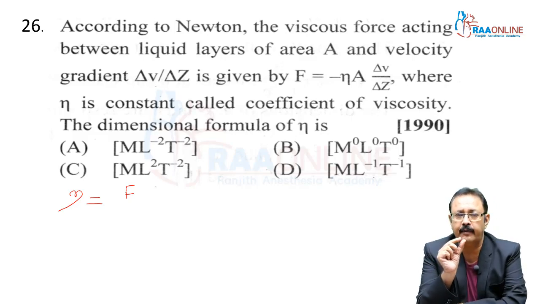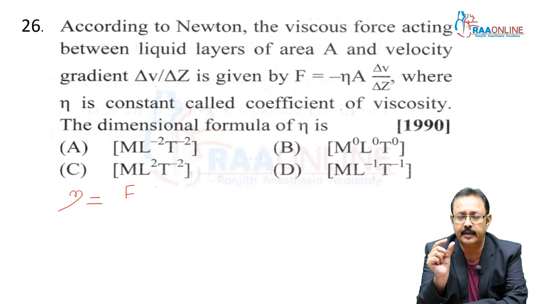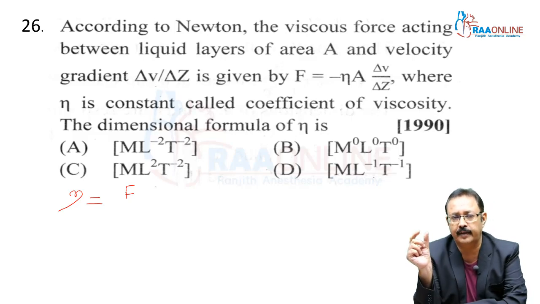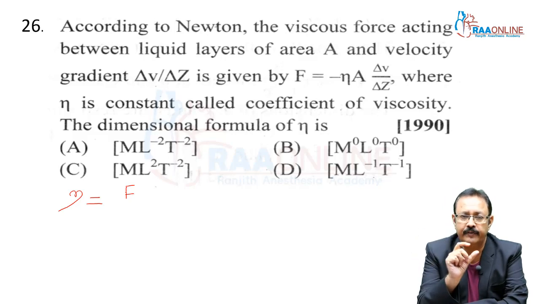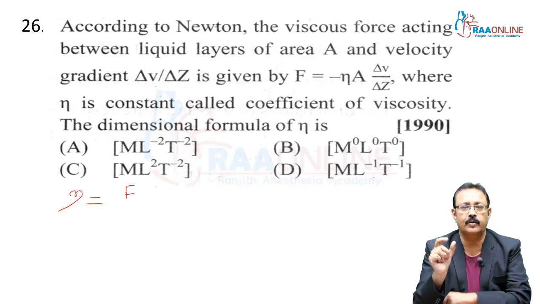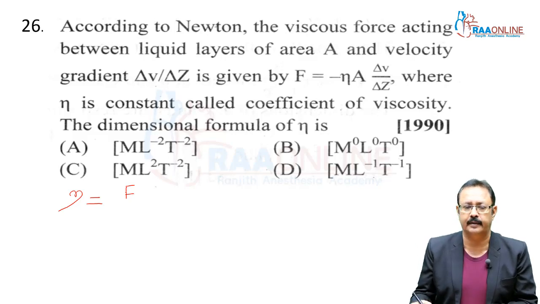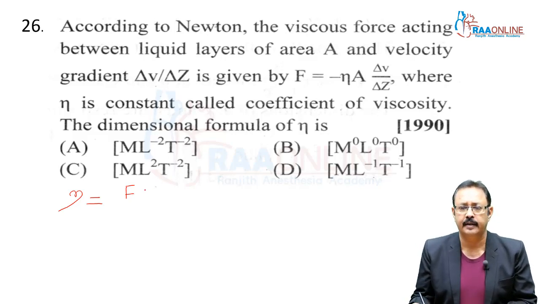If you travel a distance delta Z and you saw a change in velocity delta V, it means if you travel unit distance, you will see this change delta V upon delta Z. It is the velocity gradient, change in velocity per unit length. So delta Z is one kind of length.